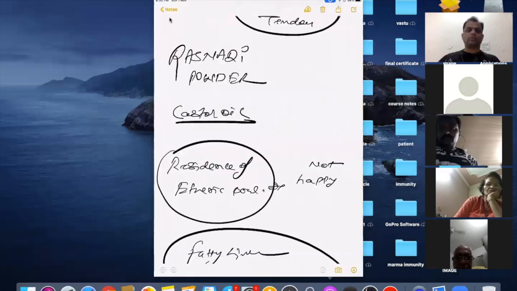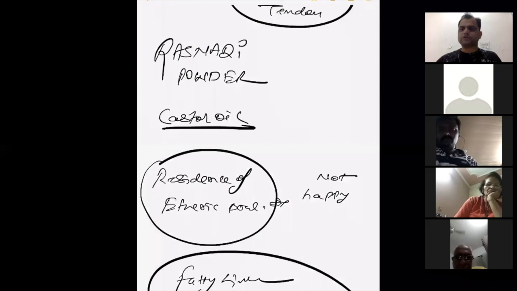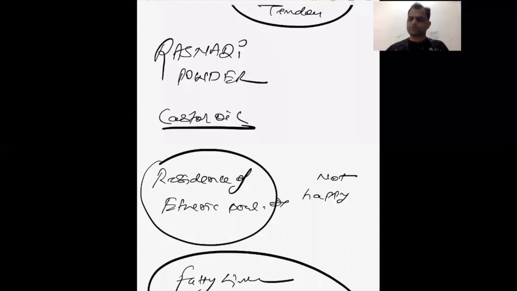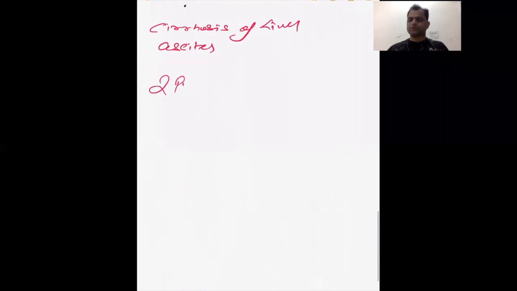So I was talking about the patient who was in a very bad condition, suffering with a liver problem, and had developed cirrhosis of the liver with ascites. I used only 2 points of the master tool.